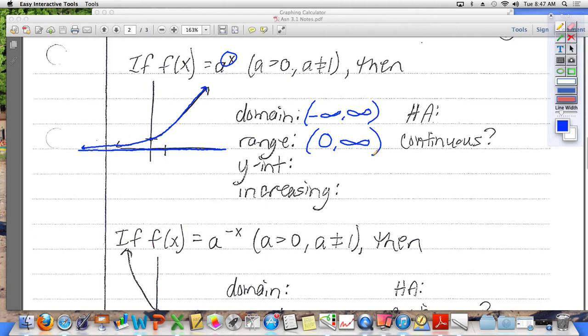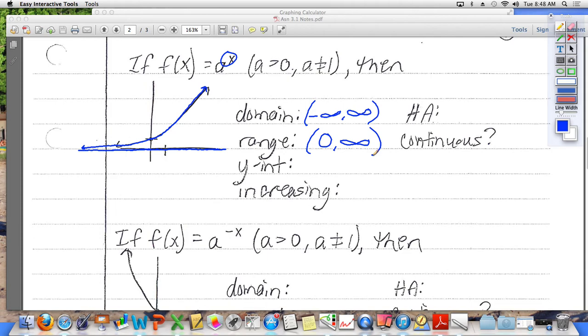It's always going to be above the x-axis, which, by the way, if it never touches the x-axis, what do we call the x-axis? An asymptote. It never touches the x-axis, so we call it an asymptote. So I'm going to jump over here to the HA, the horizontal asymptote. Well, the horizontal asymptote we just said is the x-axis.